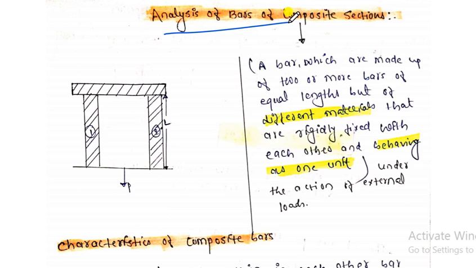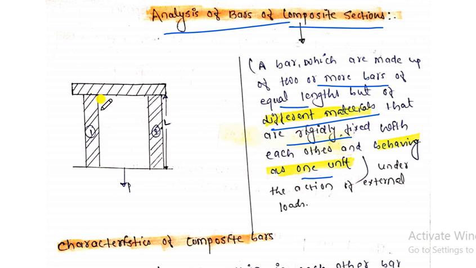We will analyze the bars of composite sections. A composite bar is nothing but a bar made up of different materials, having the same length, which is fixed rigidly at one end, either at the bottom or the top, and both the bars start behaving like one unit.